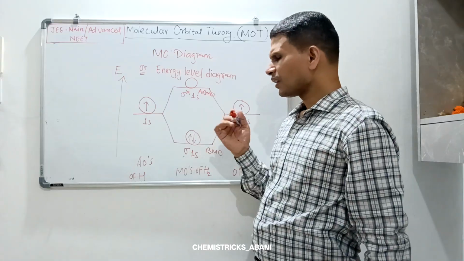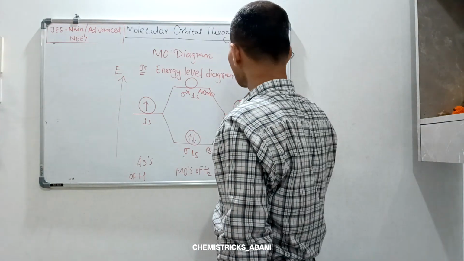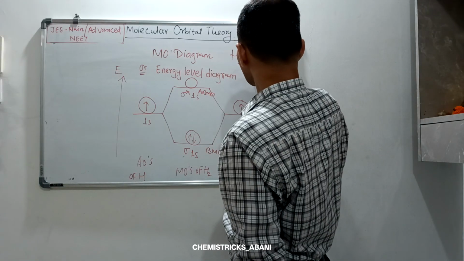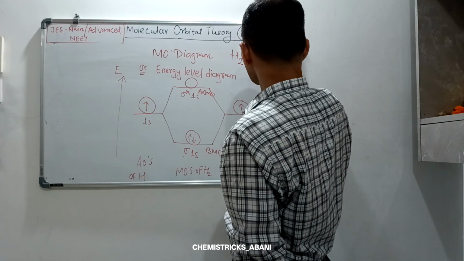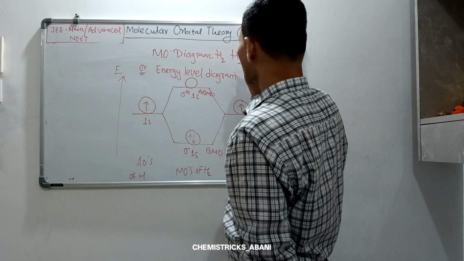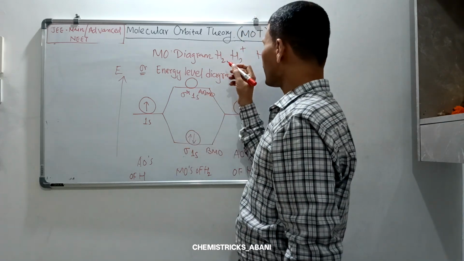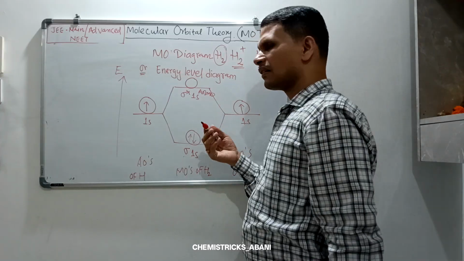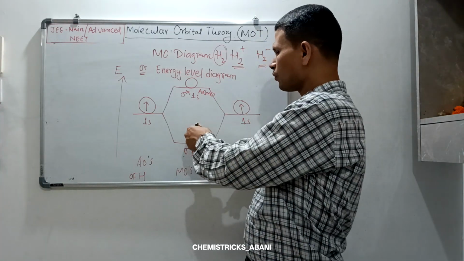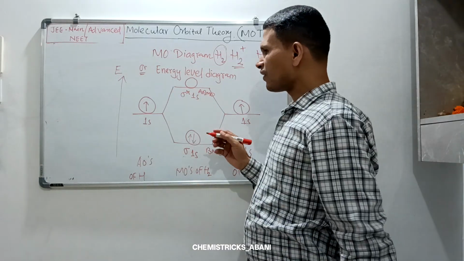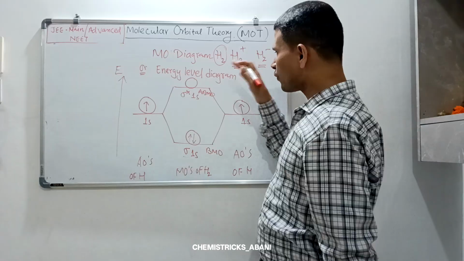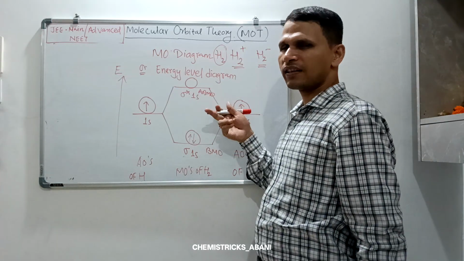In entrance exams, they will ask about H2 plus, H2 minus, bond order, and H2, which is denoted here. But H2 plus and H2 minus are formed by removing or adding electrons. If I remove one electron, it becomes H2 plus. If I add one electron, it becomes H2 minus.